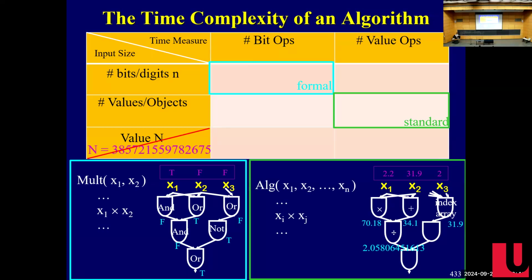And what I'm going to be arguing is that there are two models that we will consider generally. One when the input's a lot of objects, and the other when the input is really just a few real numbers, integers.